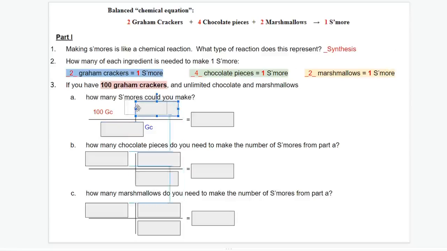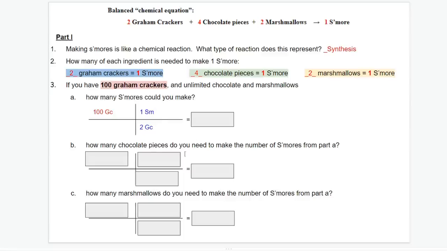So my top unit is going to be s'mores. Now I want to take my values from my equivalency statements. So 2 graham crackers is equal to 1 s'more. So now I have 100 graham crackers multiplied by 1 s'more, so that gives me 100 graham cracker s'mores.